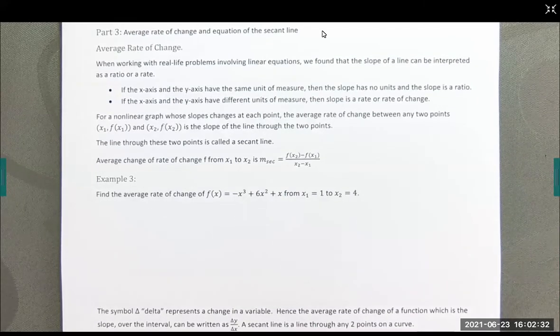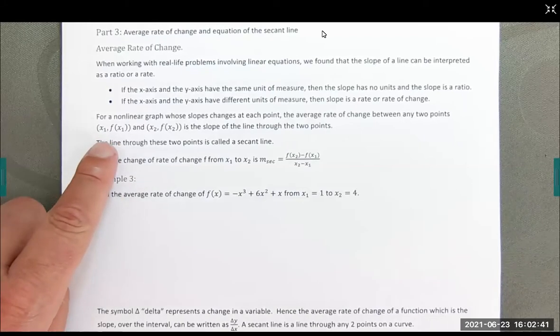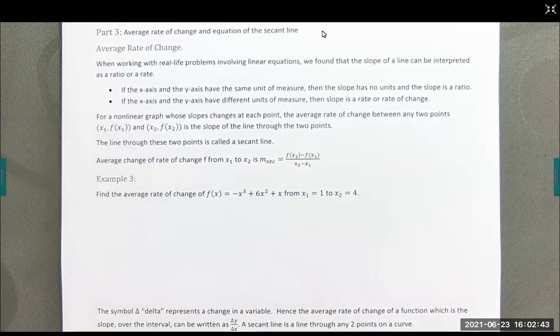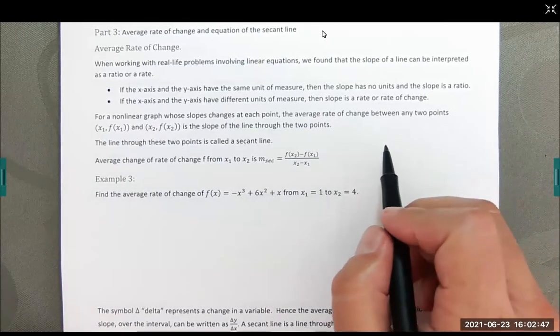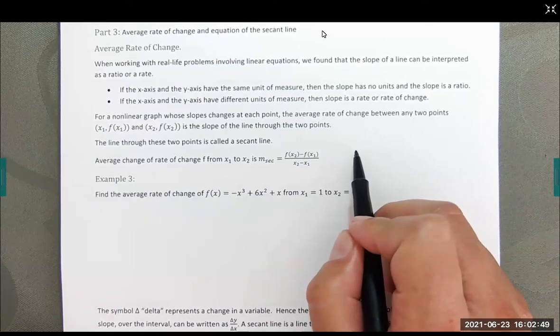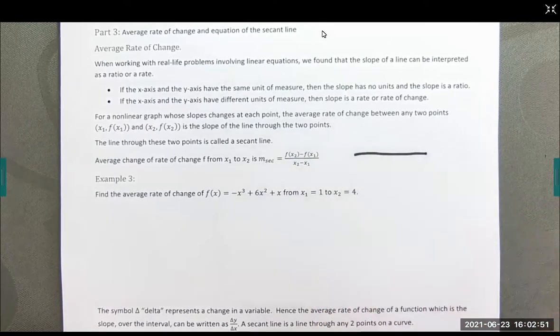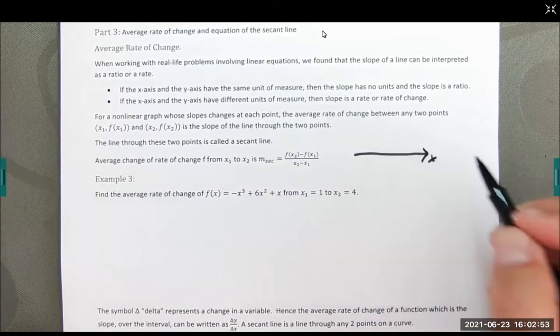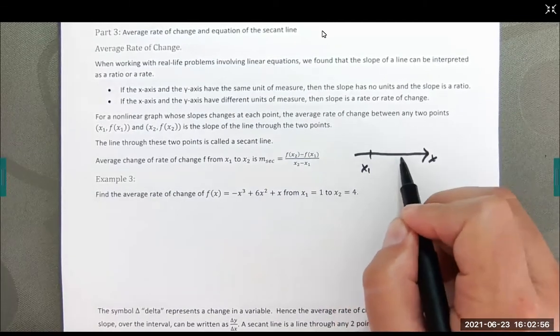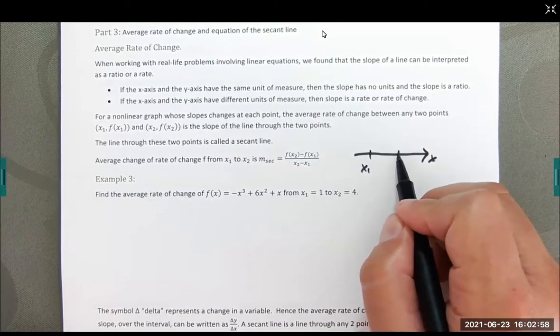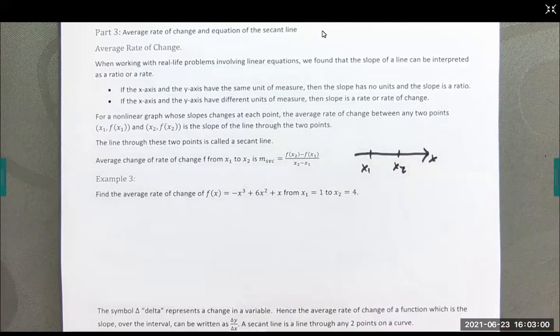All right, for a nonlinear graph whose slope changes at each point, the average rate of change between any 2 points, these 2 points, is the slope of the line through the 2 points. So what this means, if I have an x-axis, I have x sub 1 here, and x sub 2 here, and I have a graph.